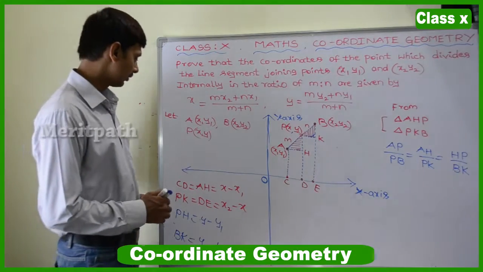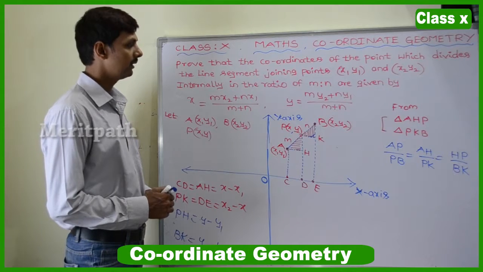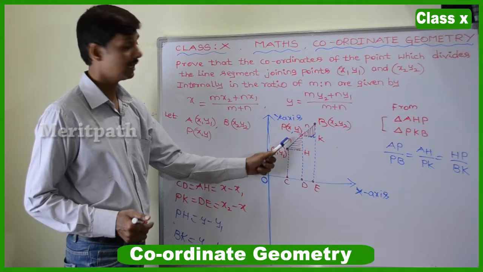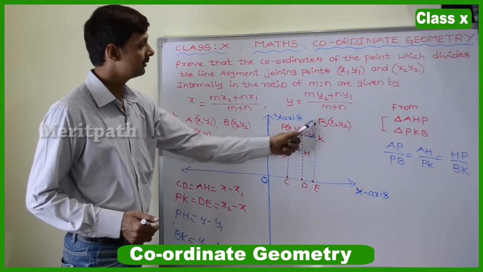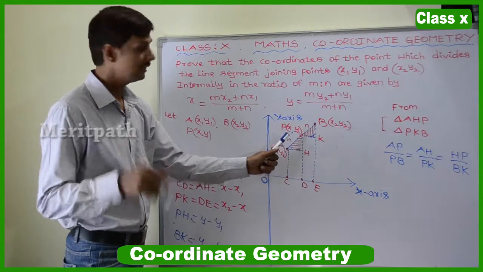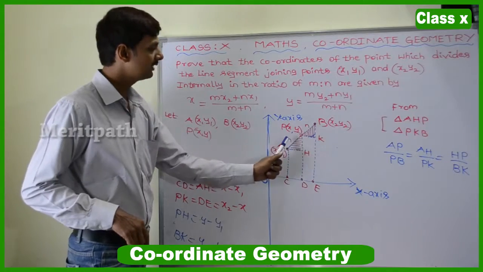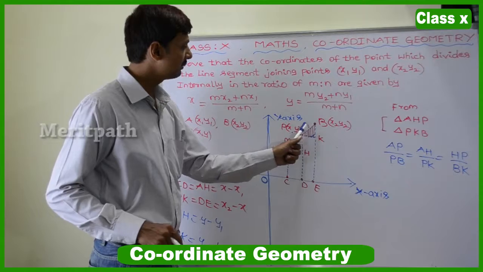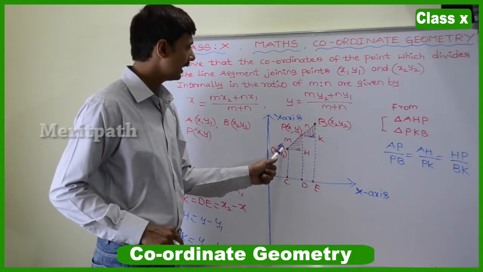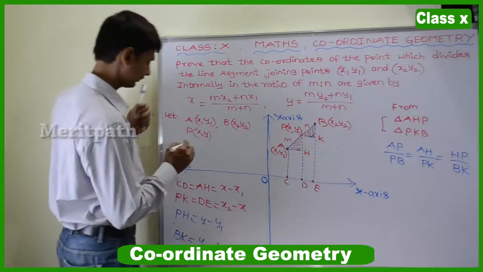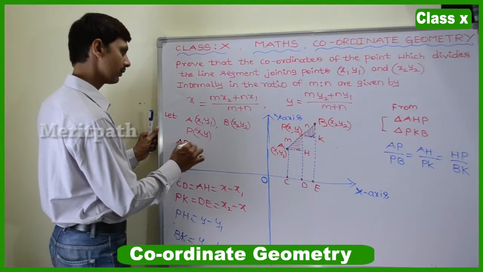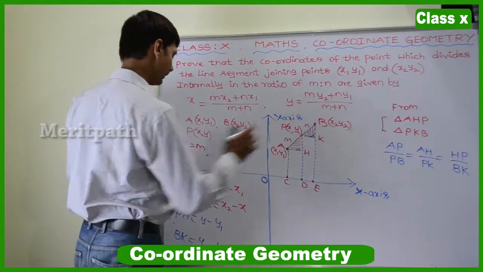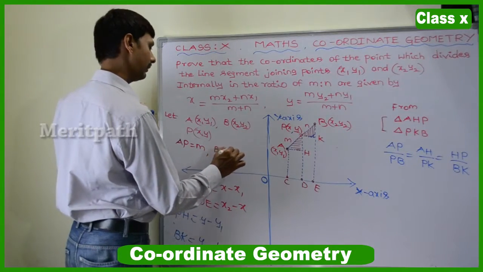We know that P divides AB in the ratio m is to n. So the value of AP is equal to m, and the value of BP is equal to n.